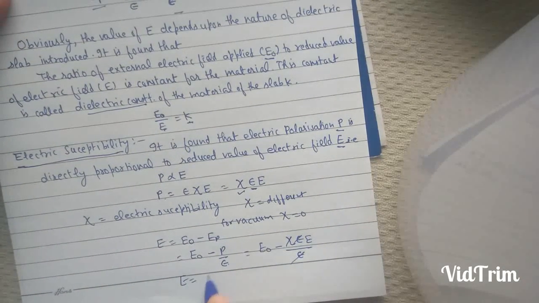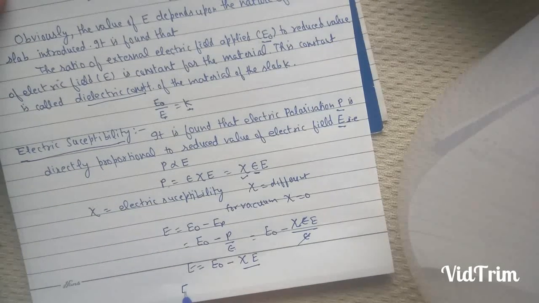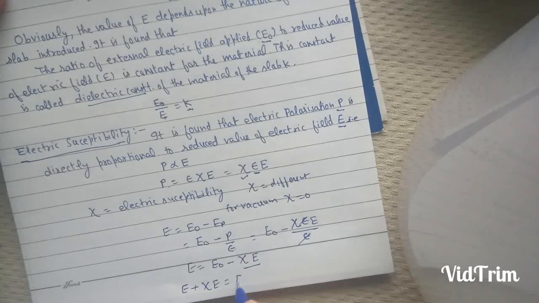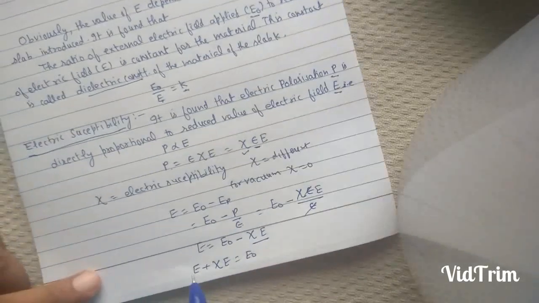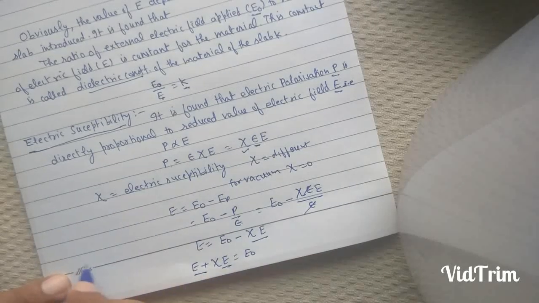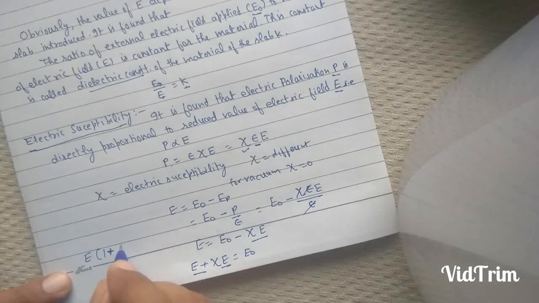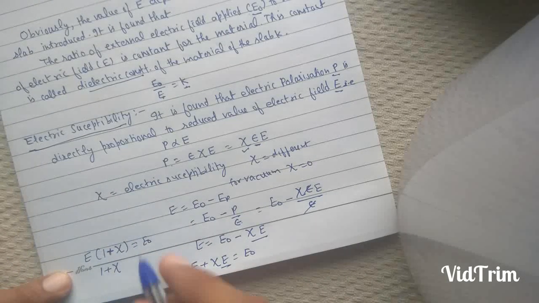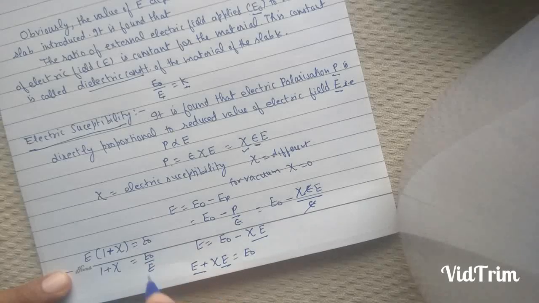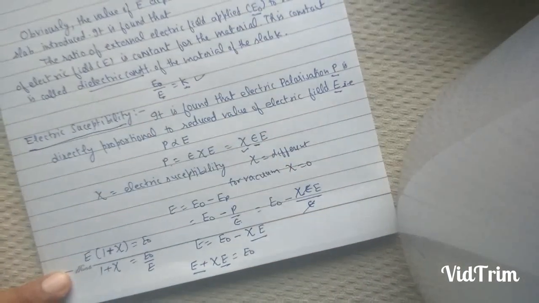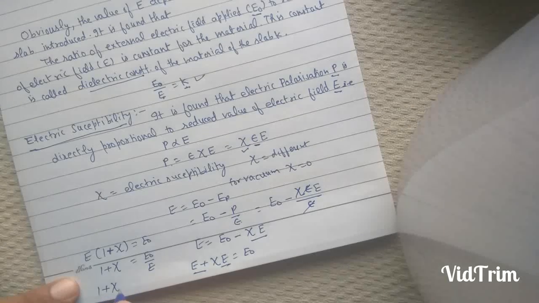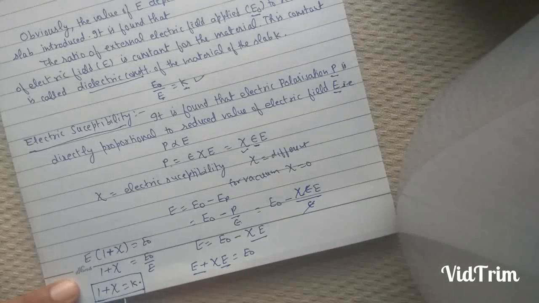Therefore, this becomes E is equal to E naught minus chi E. Taking chi E to the other side, E plus chi E is equal to E naught. Now E becomes common, E into 1 plus chi is equal to E naught. Taking E to the other side, 1 plus chi is E naught upon E. Now E naught upon E is equal to K. Therefore 1 plus chi is equal to K. This is the relation between the dielectric constant and the electric susceptibility of the material.